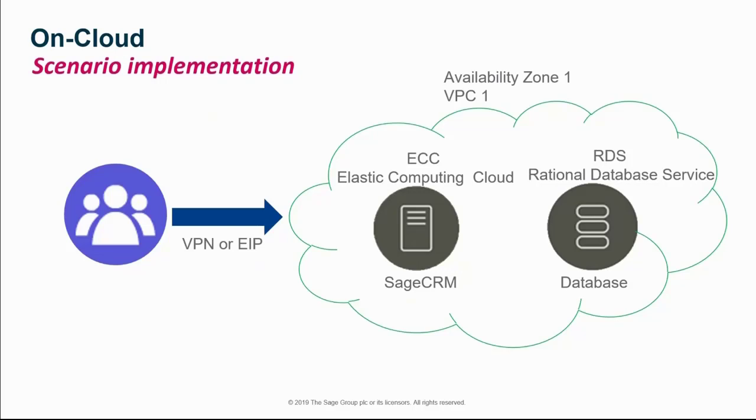EC2, Elastic Compute Cloud, is a virtual service that provides a pre-built OS with everything installed, so once it is subscribed or purchased, users can use it almost immediately. As mentioned earlier, the database can be installed on the same server as Sage CRM, implemented as a single installation.